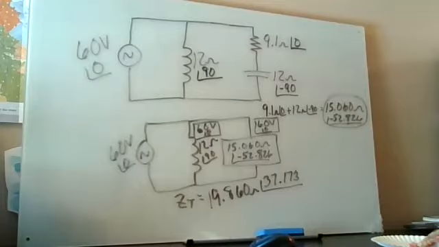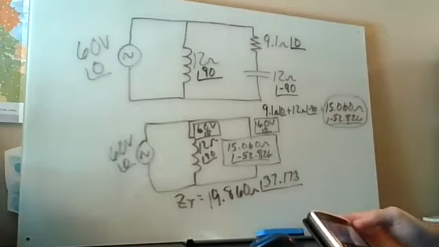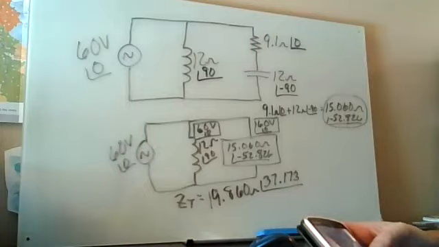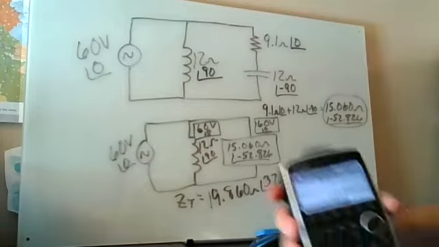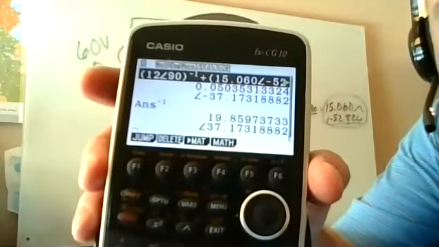I got 19.860 at an angle of 37.173. Oh, I'm not saying it's wrong. I'm just saying I didn't get that twice now. It should look just like that when you put it into your calculator.